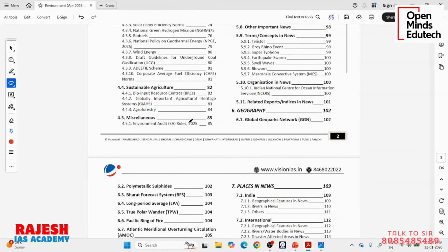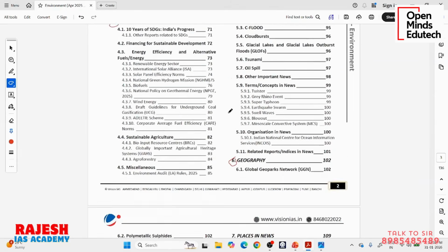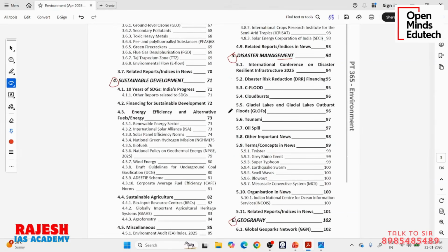And you can also see the current affairs of geography, which is part of GS paper 1, is also given here. So geography, agriculture, disaster management, environment, all these four are very closely linked. Agriculture might be given as a part of economy, but the remaining related subjects' current affairs are given in this same PDF itself.